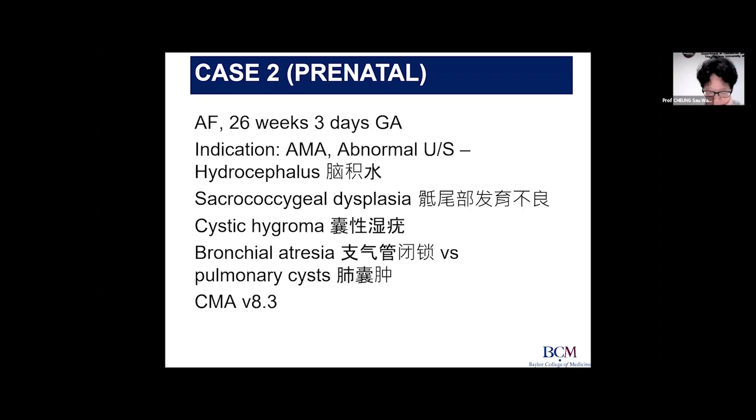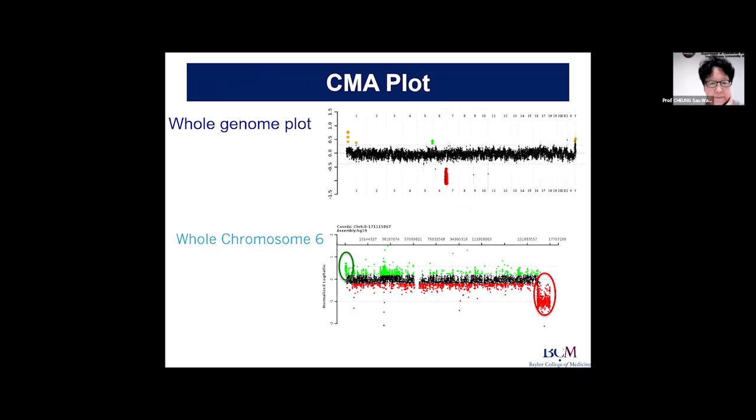And so we run it on an array, and we find out that there's a copy number loss, copy number gain, and copy number loss, as indicated in the circle of this chromosome, entire chromosome 6.